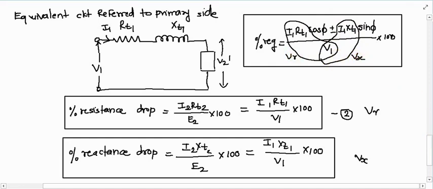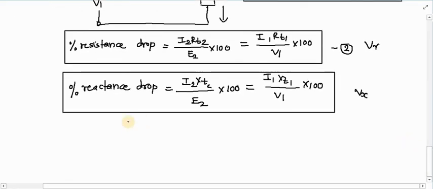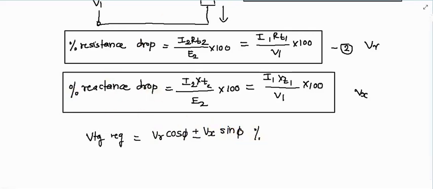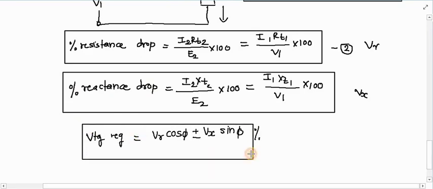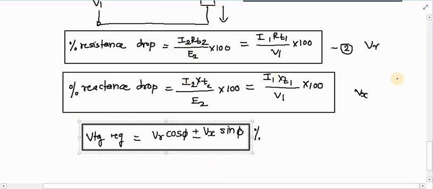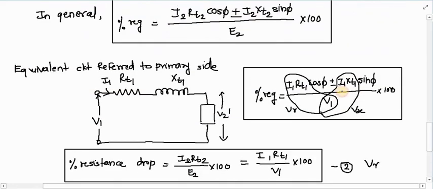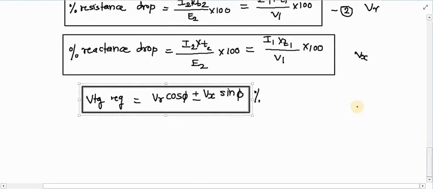So how will the voltage regulation formula get modified? The voltage regulation equals VR cos of phi plus or minus Vx sin of phi percent, right? Because I have now replaced these terms in the formula by VR and Vx.